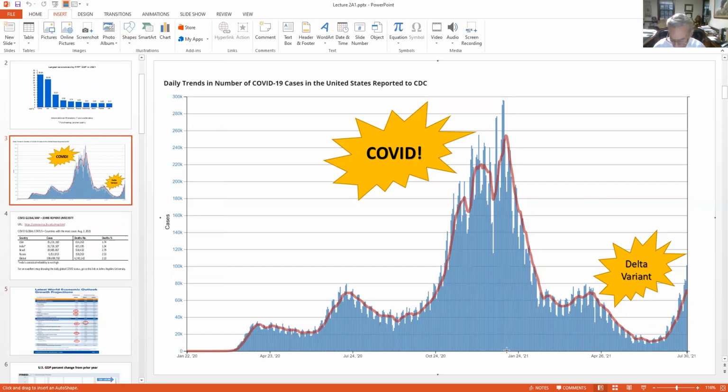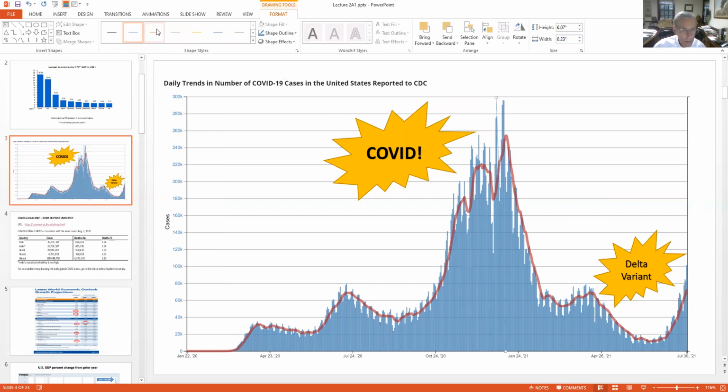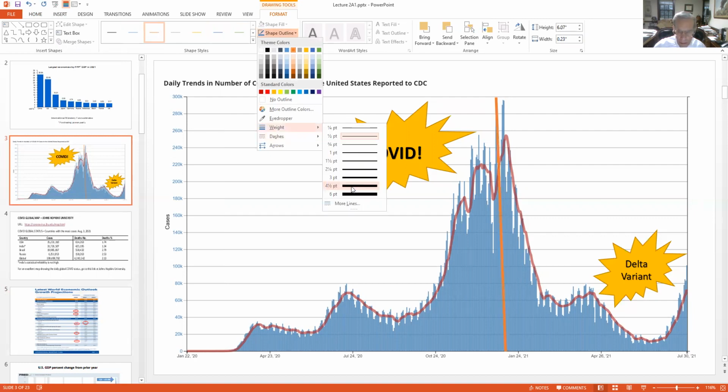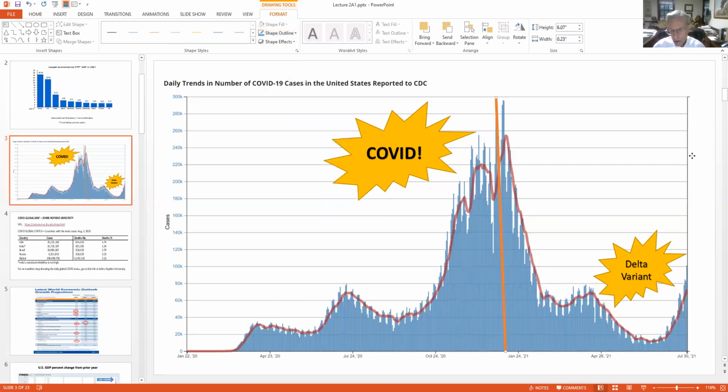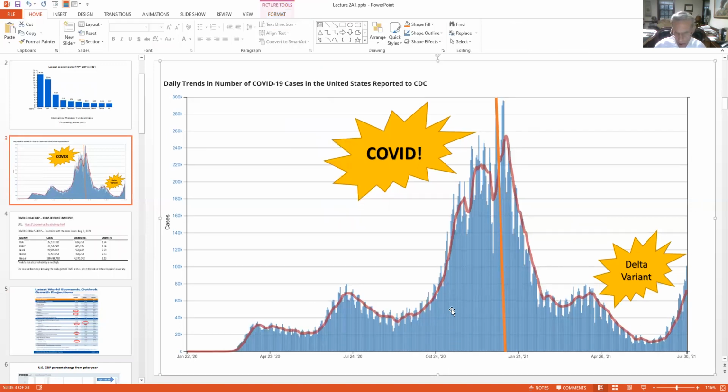But that's January 24th of 21. So if I were to put a line up here, there, I think you can see that. So to the left of the line I just drew is the first year, 2020, and to the right is 2021, the year that we're in now.